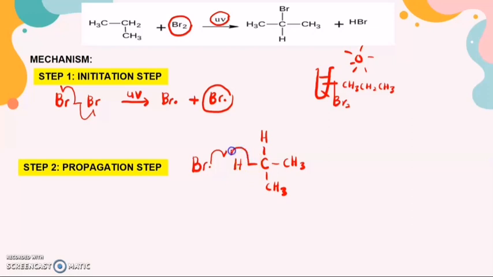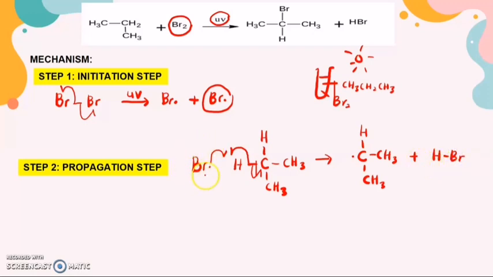One electron will combine with the bromine free radical and another electron will go to this carbon. As this carbon has lost the hydrogen but has one electron, it becomes the free radical of propane plus HBr.